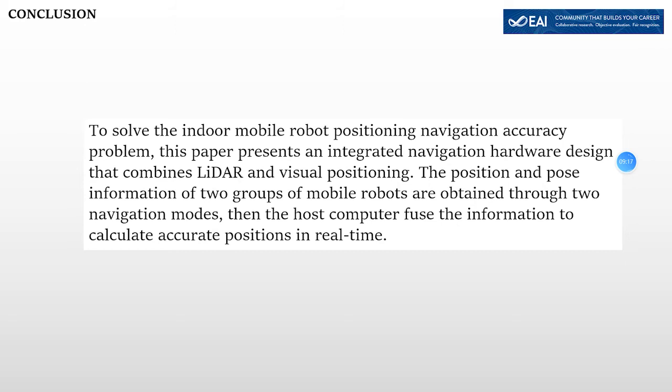The position and pose information of two groups of mobile robots are obtained through two navigation modules. Then, the host computer fuses the information to calculate accurate position in real time.